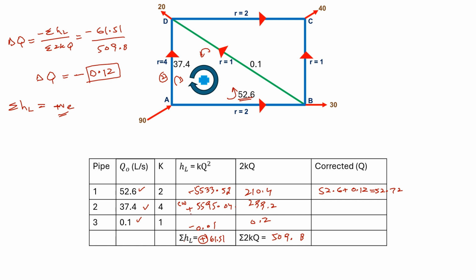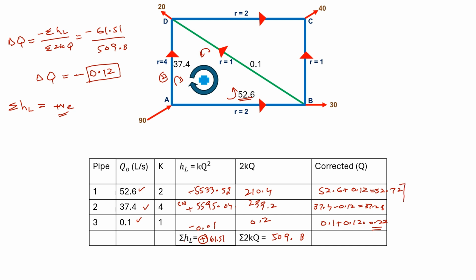This is a clockwise discharge, so it will be reduced: 37.4 minus 0.12 will be 37.28. And this 0.1 will be increased because this is counterclockwise. This will be 0.22.